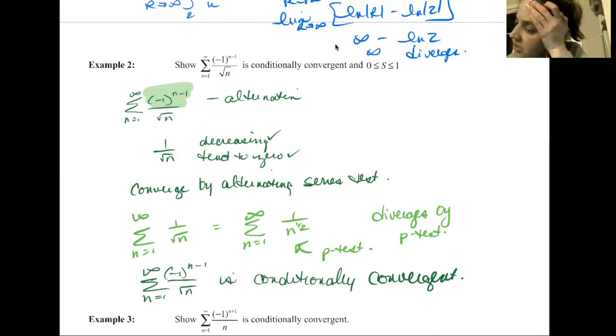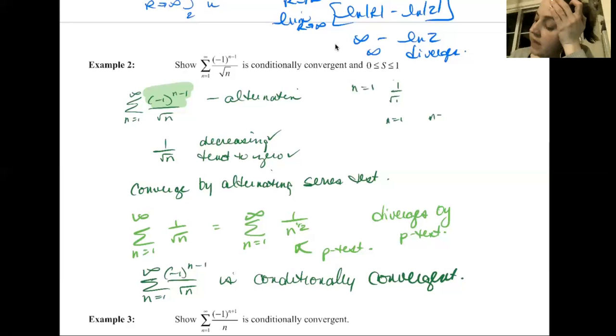So I have a picture of it here. If you start with n equals 1, this would be 1 over the square root of 1. And if you have n equals 2, that would be -1 over the square root of 2, plus 1 over the square root of 3, minus 1 over the square root of 4.